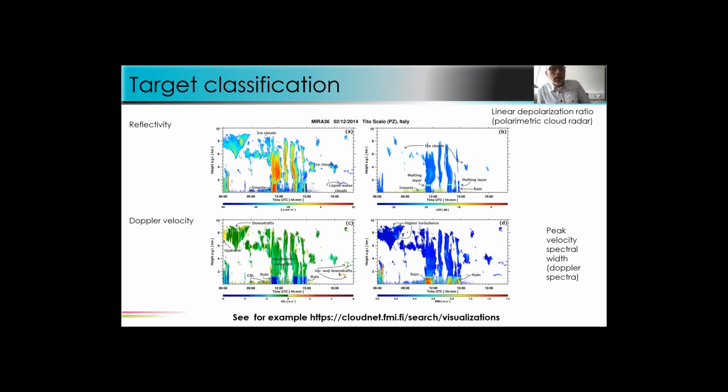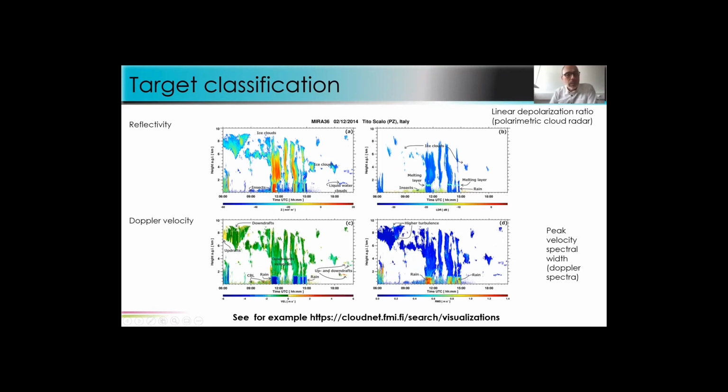Now, from these measurements, we can use several of the measured properties to actually identify and classify the hydrometeors in the atmosphere. So for instance, using reflectivity, we have here time and height cross sections.